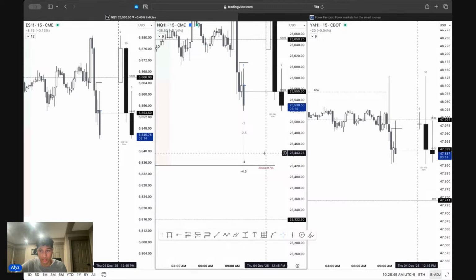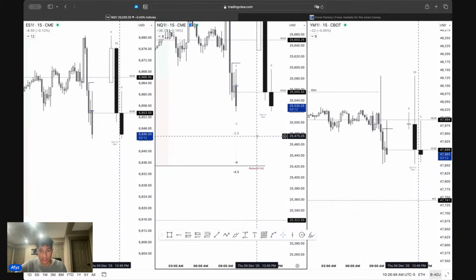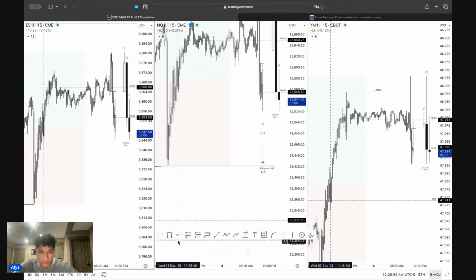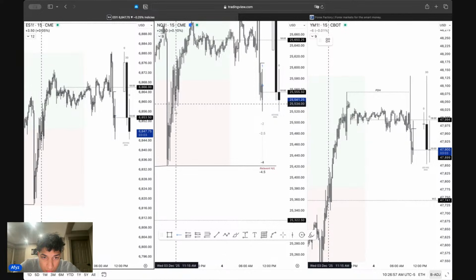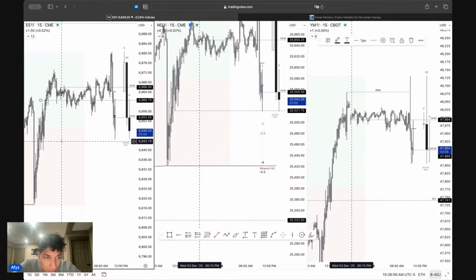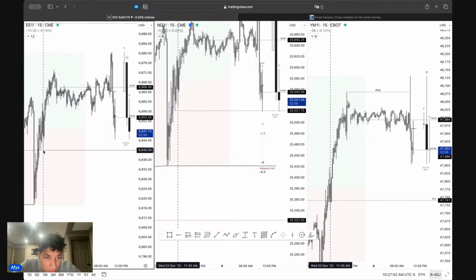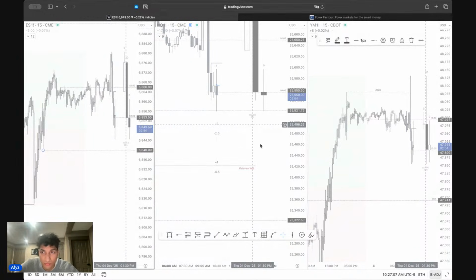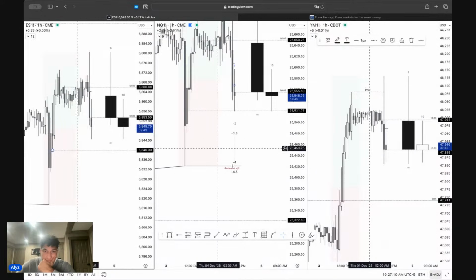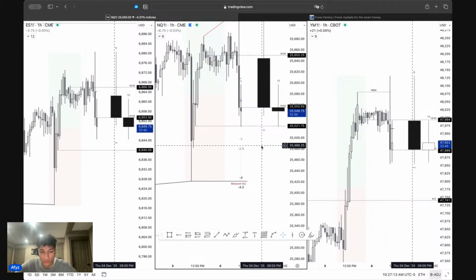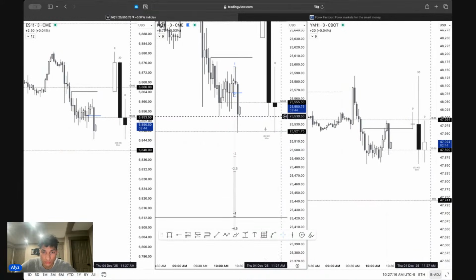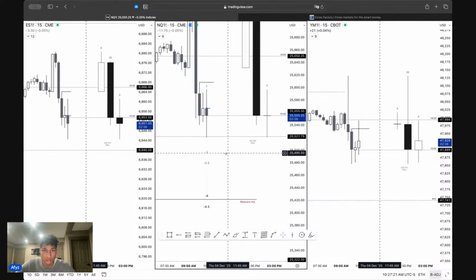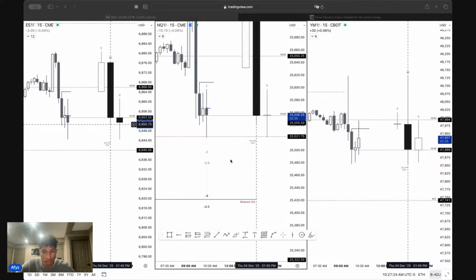I can trade a continuation of the next 15-minute candle, next 30-minute candle, essentially. Let's see how it closes, right?